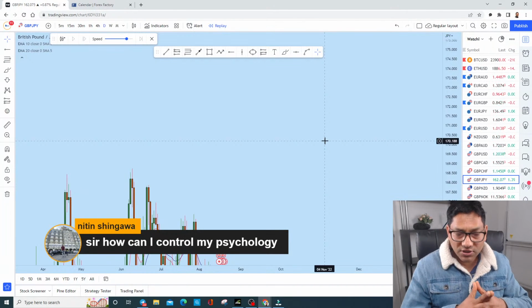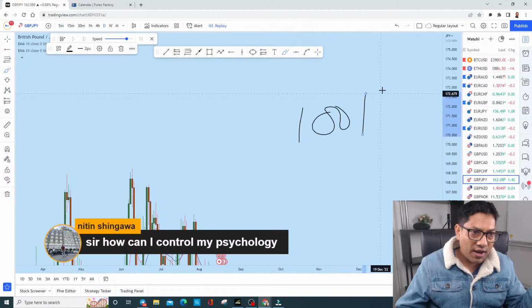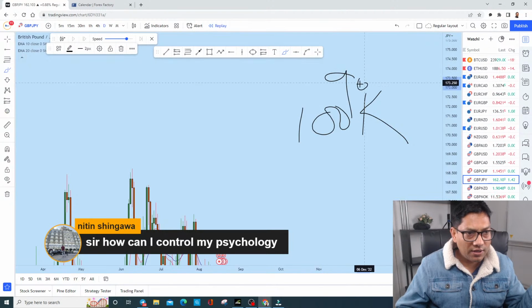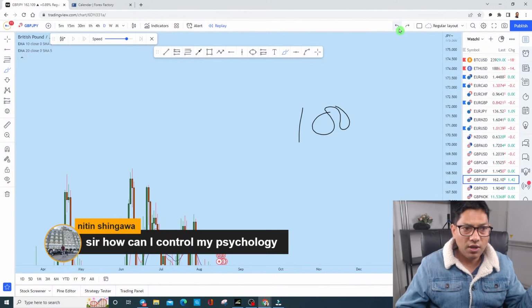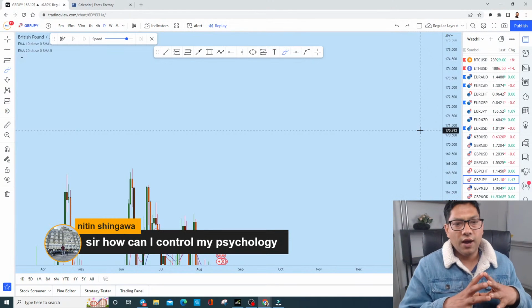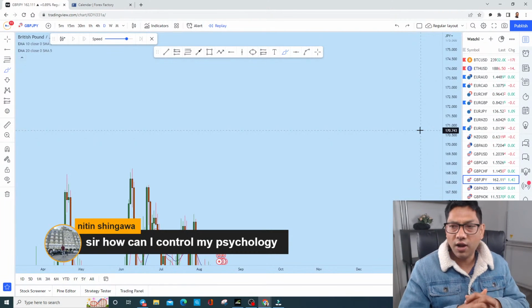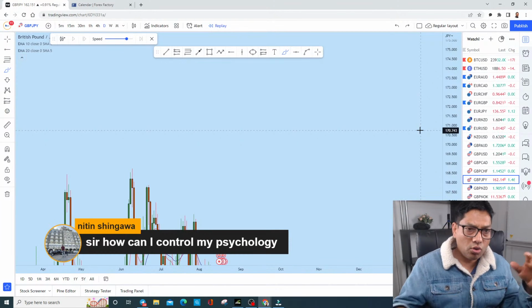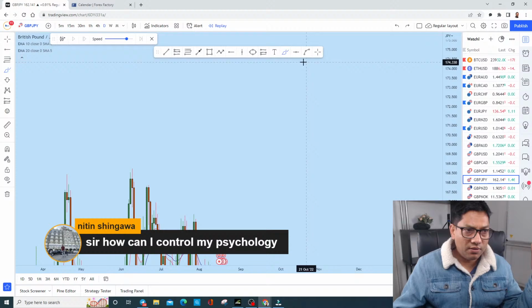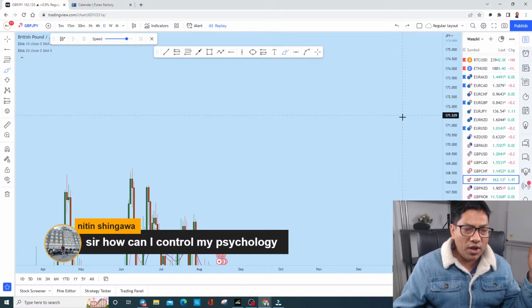You know that there was a time when I lost almost 100k in one night, okay, 90k in one night, 10k in 1 week. It was a really big amount of money for me. I started trading and then in just a short time I thought that I could be a good full-time trader. Took a big account and then it blew out. So how does this happen? You know that when I open a trade on gold, it went in the other direction.